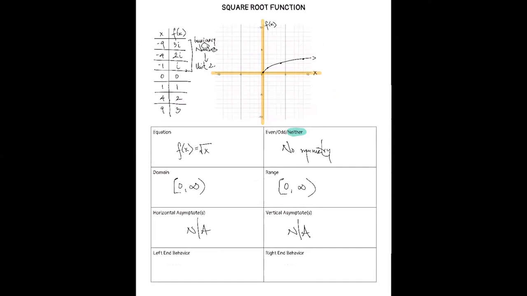And left end behavior, we're thinking, what happens when we go to this end of the graph and there's nothing there? There's no graph there. So we say that, yeah, there's actually no left end behavior, okay? Because the graph doesn't go to negative infinity. But the right end behavior, it's going up, okay?